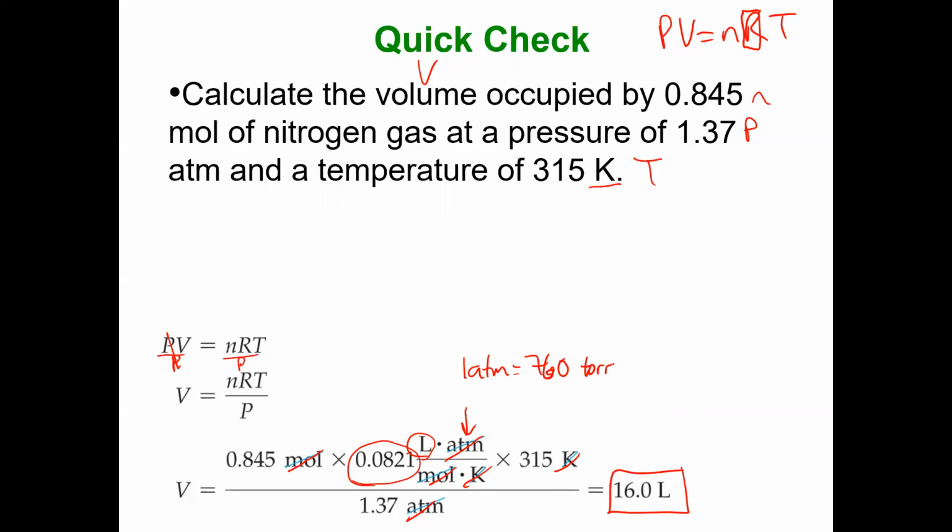If you're given milliliters, you would have to convert it to liters. That's easy, the metric system. If you were given degrees Celsius, you would have to change that to Kelvin by adding 273.15 to it. And that's pretty much it. If you were given grams, you can change that to moles. How? Molar mass.